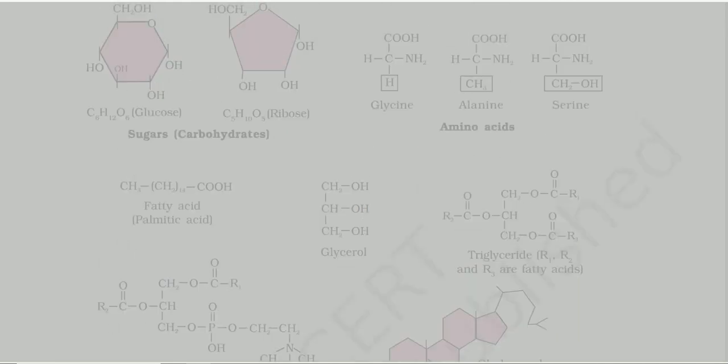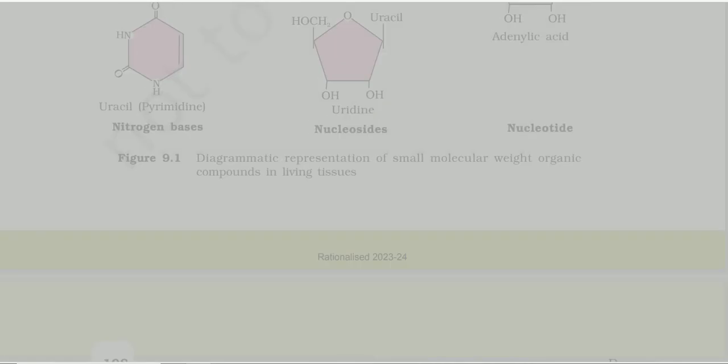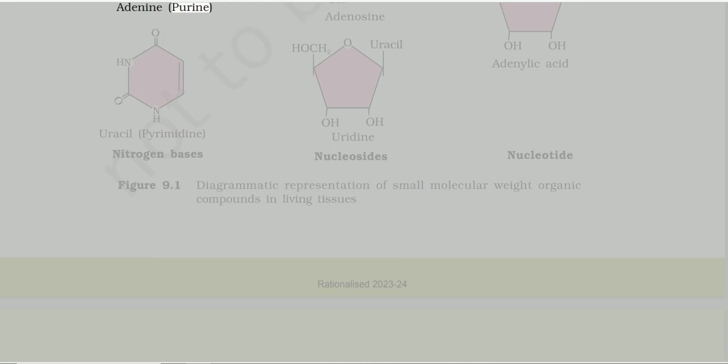C6H12O6, glucose; C5H10O5, ribose; sugars, carbohydrates. Glycine, serine, alanine, amino acids. Figure 9.1 Diagrammatic representation of small molecular weight organic compounds in living tissues. Adenine, purine. Uracil, pyrimidine.